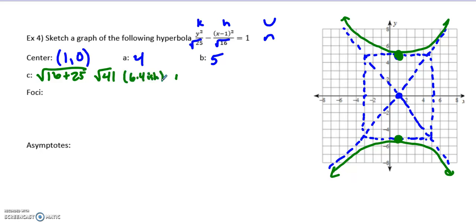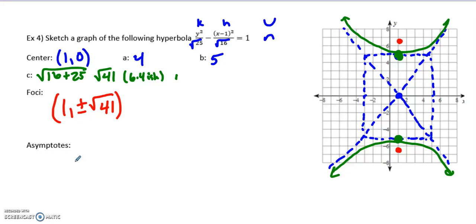So if I want to get my foci, I'm going to travel 6.4 in that direction. So 1, 2, 3, 4, 5, 6.4-ish there. And to write them out, I deviated in the y direction. X stays the same, and then I have 0 plus or minus, which is just plus or minus root 41. Those are going to be my foci.